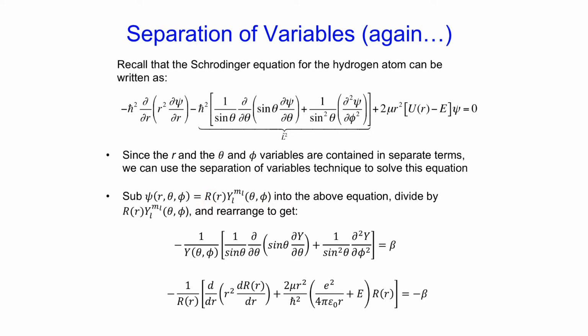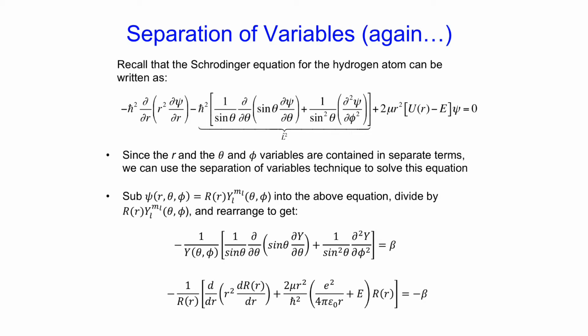Then divide by that and do a little rearranging, and you should end up with these two expressions that result. One expression isolates the theta and phi components of our equation, and the other isolates all of the r, or the radial, components of our equation.